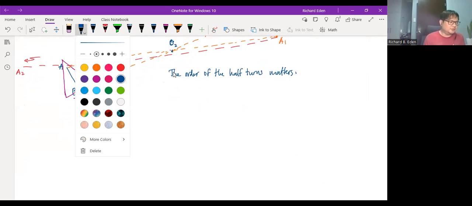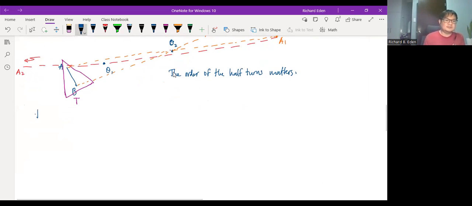So let's do first translation, plus half turn. So let's say nung vector natin, para di na tayo mahirapan, ganyan lang kahaba. Horizontal.